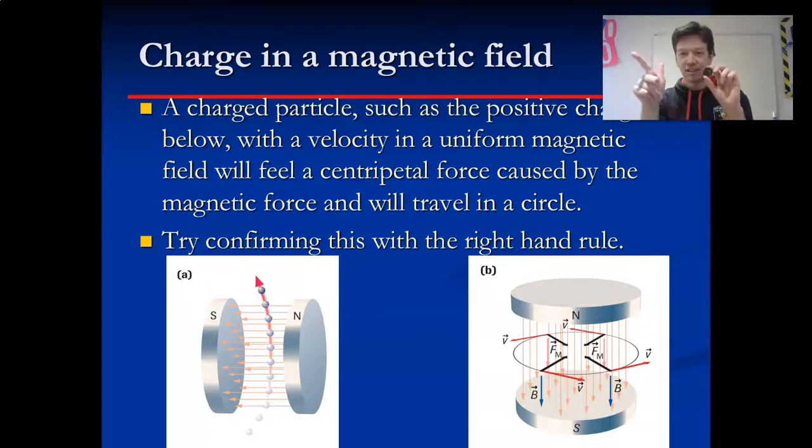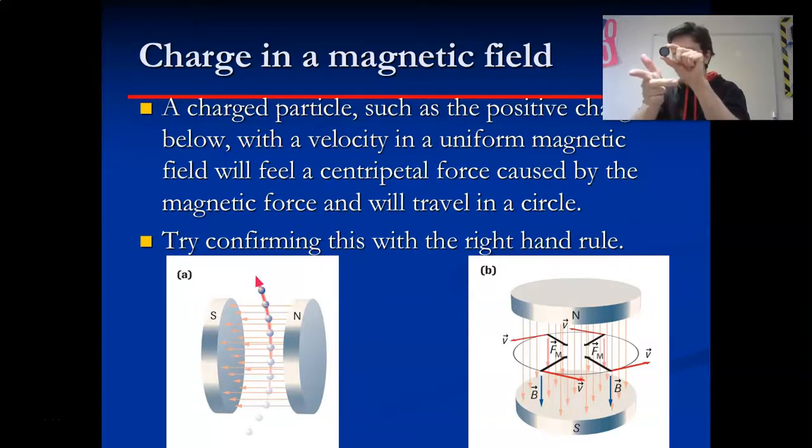Well, take your right hand, because I said it's a positively charged particle. Our thumb's going to go in the direction that it's moving in. My index finger will go in the direction of the magnetic field, and the thumb goes in the direction of the force. So it's moving this way, but it's feeling a force up, so it moves up. As it moves up, you have to curve your hand with it, because your thumb curves with the velocity.